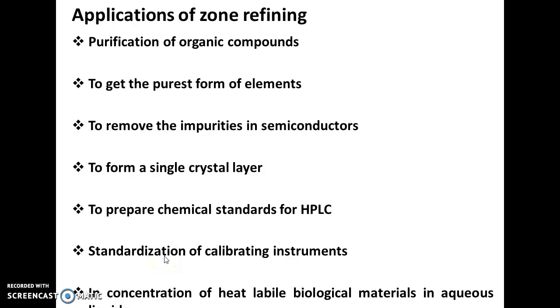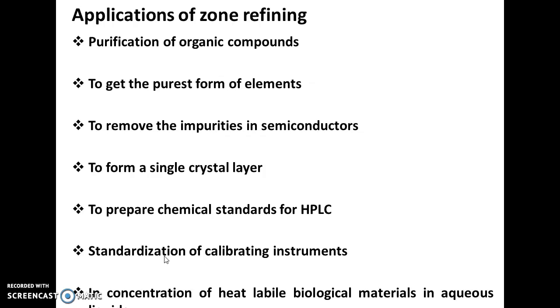Let us look at the applications of the zone refining technique. It is used in the purification of organic compounds, and it is used to get the purest form of the elements. It is used to remove the impurities in semiconductors, and it has also been used in the formation of a single crystal layer.